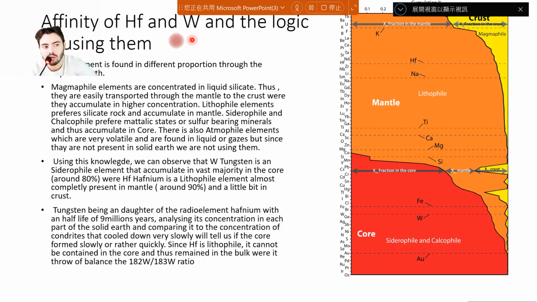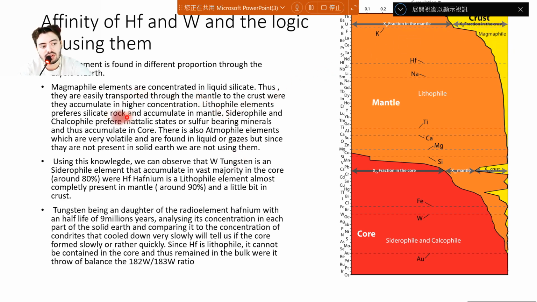So we are going to talk about the affinity of hafnium and tungsten and the logic of using them. Each element is found in different proportions through the layers of the solid Earth. Magmaphile elements are concentrated in liquid silicates, thus they are easily transported through the mantle to the crust, where they accumulate in higher concentration, so we can see them here, the crust.